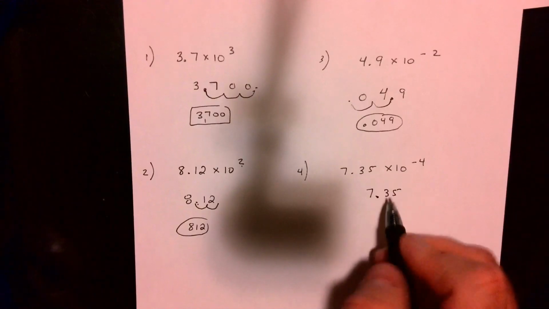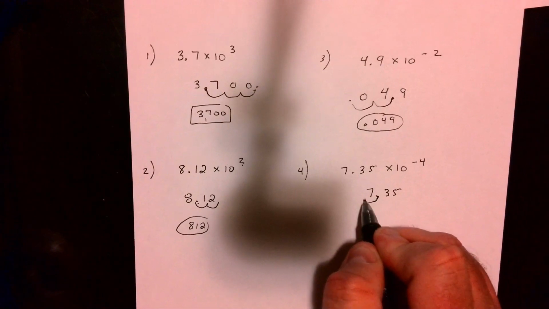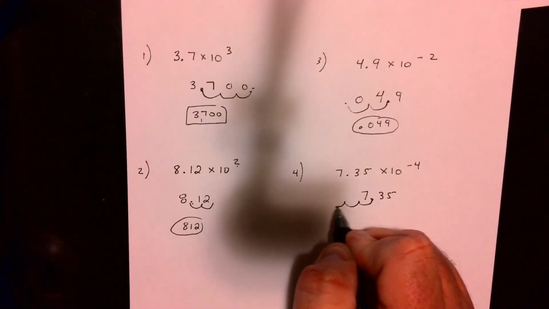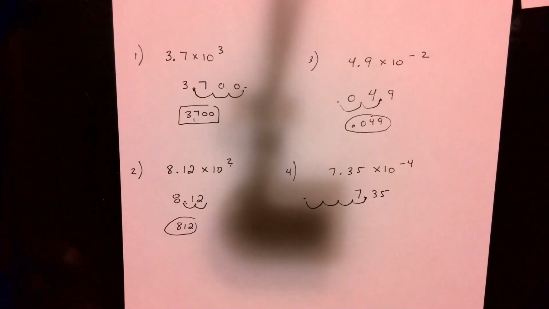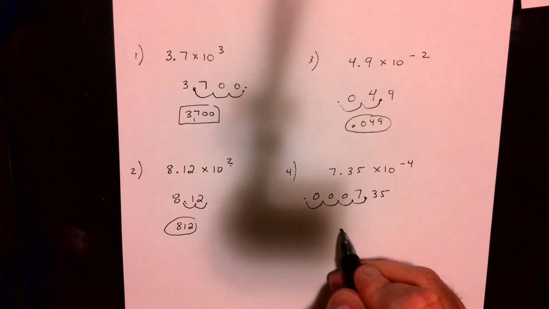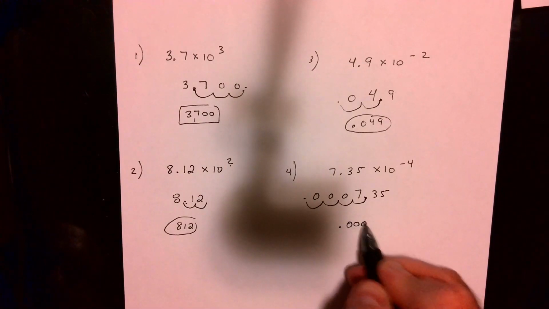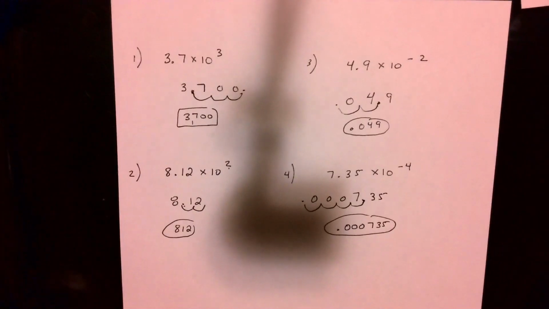Put your pencil on the decimal, and you said you want to make him smaller, so you moved him 4 times. Once, twice, 3, 4 times. Fill in the holes with zeros, and you should have ended up with 0.000735. There's your final answer.